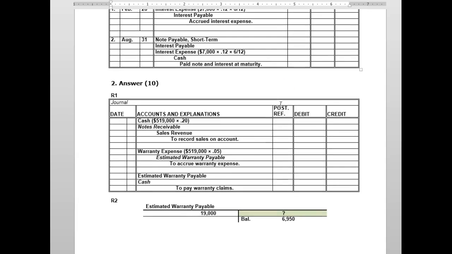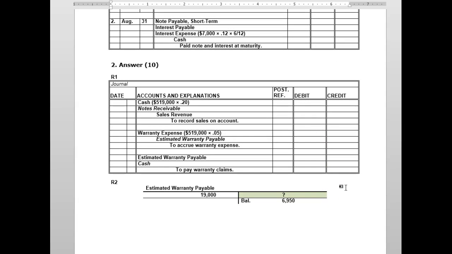Now we're going to look at question 2, and it deals with selling snowmobiles. And their snowmobiles, they have a warranty expense on, and they say it's for 3 years.